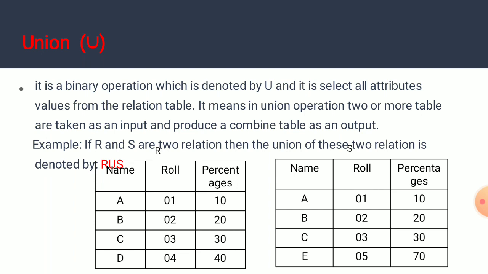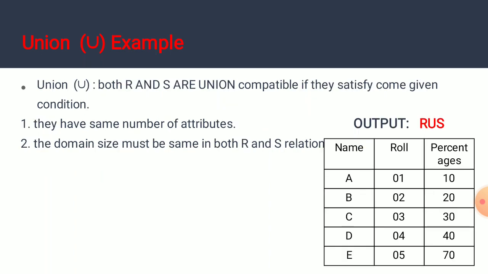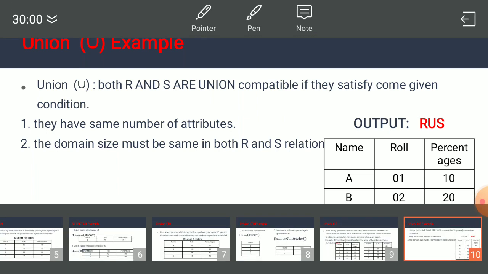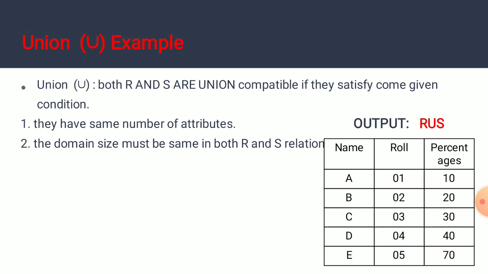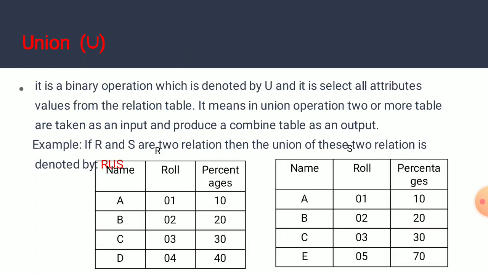If we apply union between these two relations, it is denoted by R union S. For the union, both R and S must be union compatible if they satisfy the following two conditions: they have the same number of attributes, and the domain must be the same in both R and S relations. So we have seen R and S both have the same attribute names: name, roll number, percentage. In S also name, roll number, percentage.